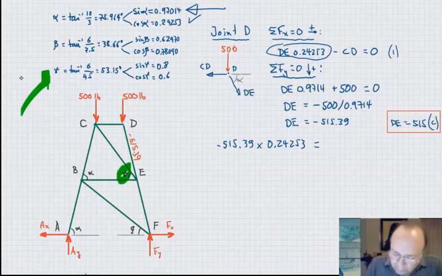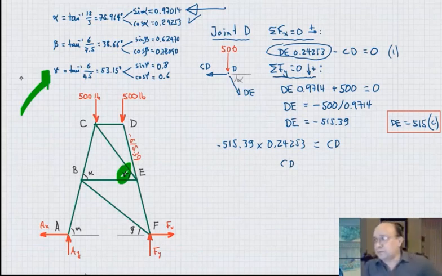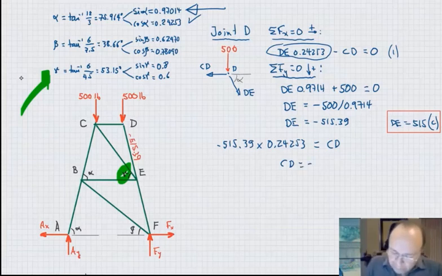So I can put CD on the other side of the equation, right? And I get CD equals minus 125.00.